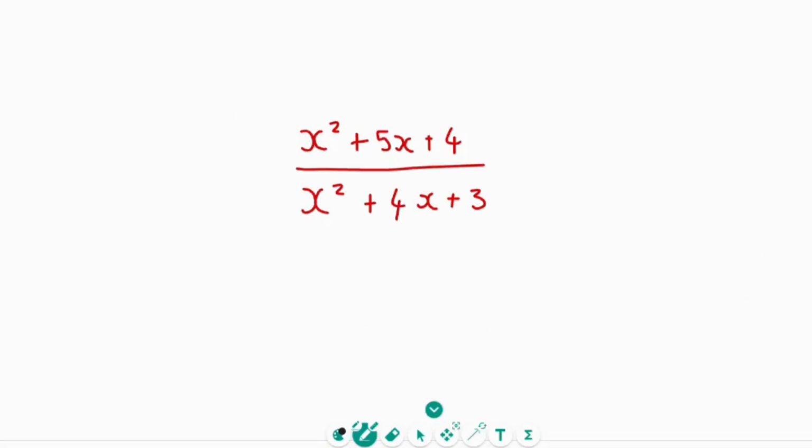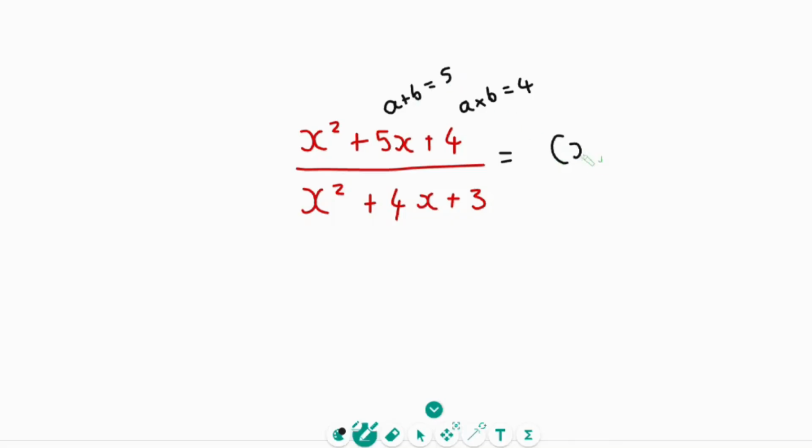Next one. Ooh, more complicated again. And let's just make sure we understand we cannot do that. Let's see if we can factorise. Hopefully you recognise it's double brackets. If you need help factorising, there are plenty of videos on that topic. So we need two numbers that multiply to get 4 and add to get 5. What are they? 1 and 4.